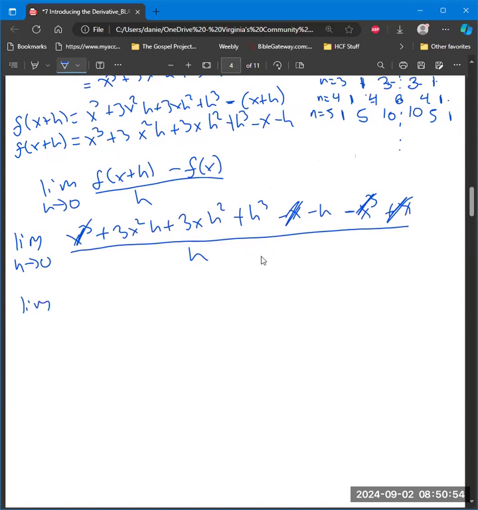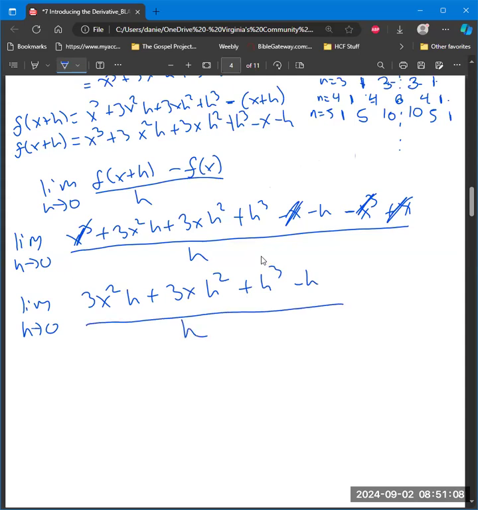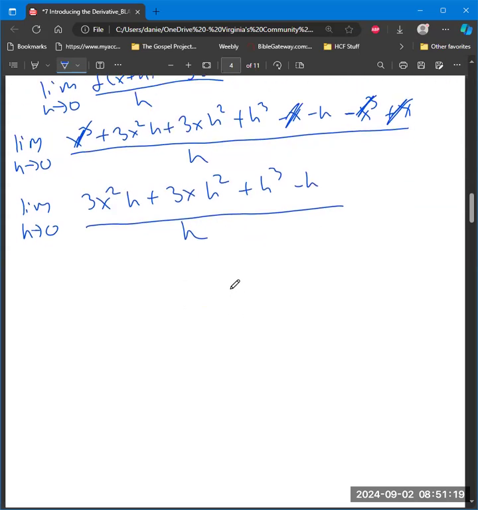I have limit as h approaches 0 of 3x squared h plus 3x h squared plus h cubed minus h over h. And there we are. All right. Now let's go ahead and factor. Use either technique that you like better here.